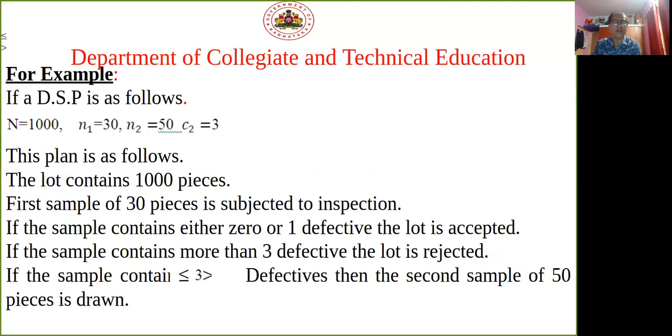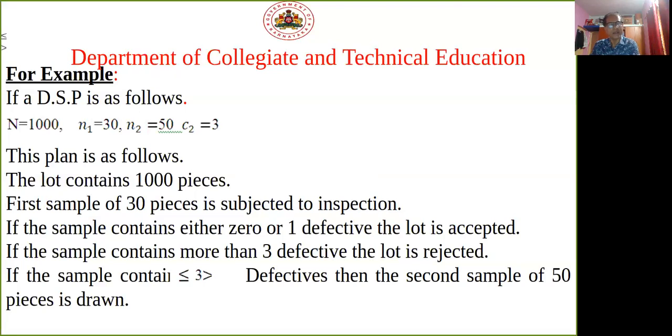It means that we need to select 30 pieces randomly from the lot of 1000 items. That is the first sample for the inspection. The value of c1 has not been given, so assume that c1 is 1 here.